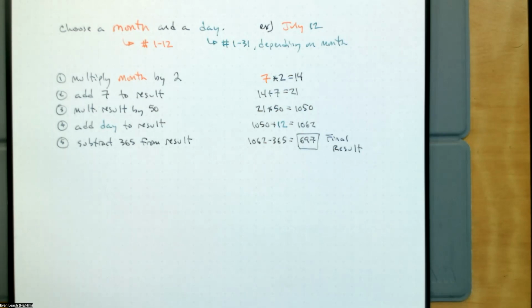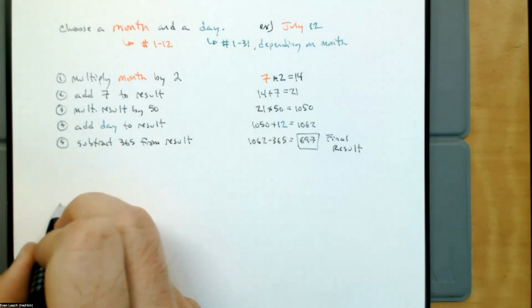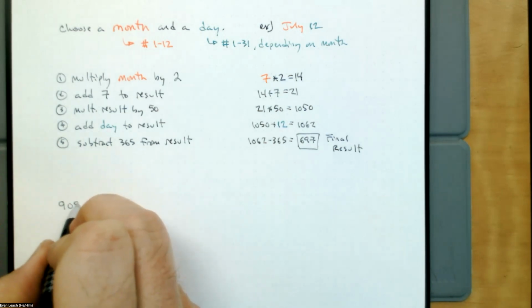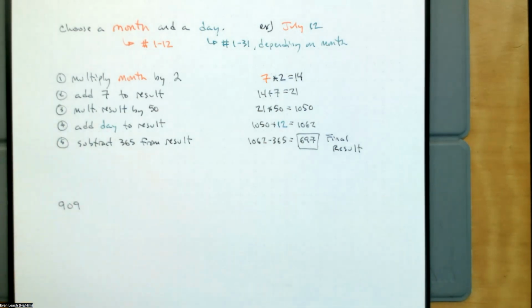So, does anybody have final results? Anyone want to report their final results? Anyone have one? What you got? 909. Seems pretty current. Anybody have another final result? What you got? 385.